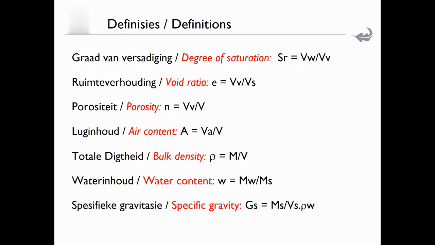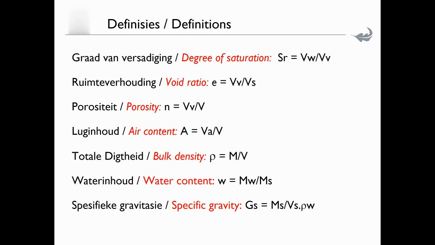Air content, A, equals the volume of the air over total volume. Bulk density, rho, equals the total mass over the total volume. The water content, w, is the mass of the water over the mass of the solids. And then specific gravity is defined as Gs, and it equals the mass of the solids over the volume of the solids times the density of water.